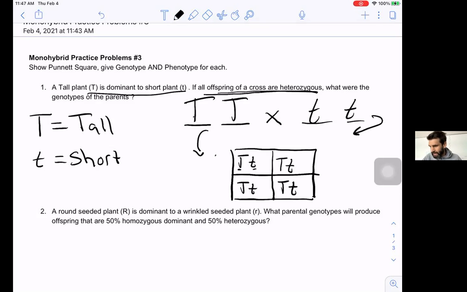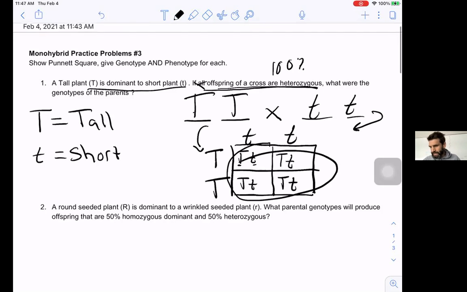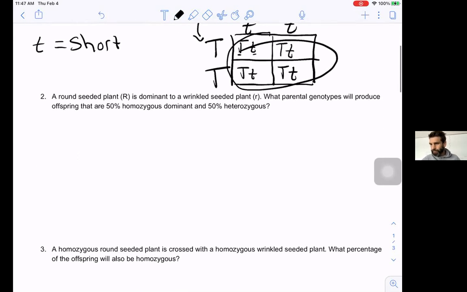In that case, you would get this, and you have a 100% chance of getting heterozygotes. I don't love this. I would have said 'what is 100% likelihood.' Okay, let's see if this next question is a little bit better.